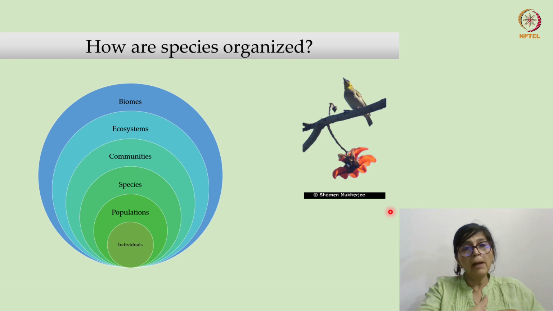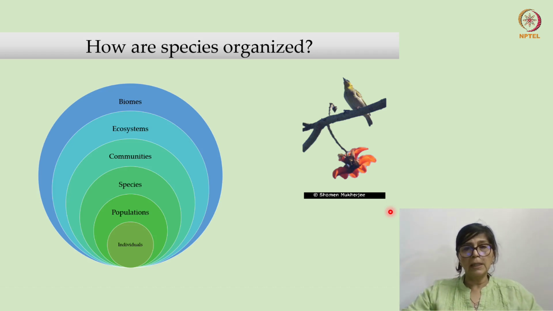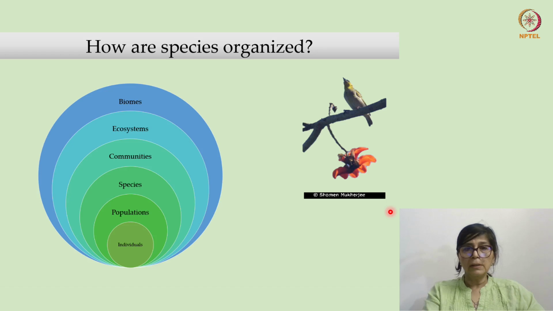Similarly, the desert biome, the pond biome or river biome, anything of that sort. So this is the form of integration and how organisms interact. So now let's take it to the next level.